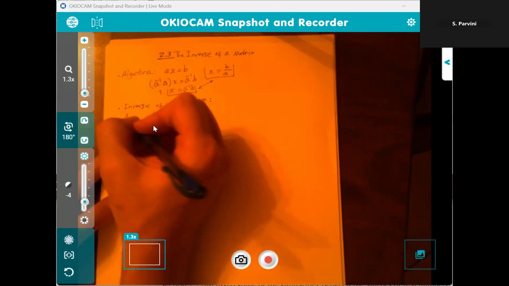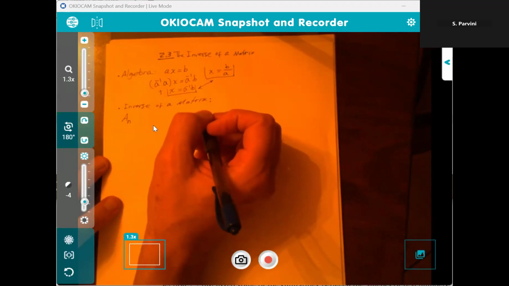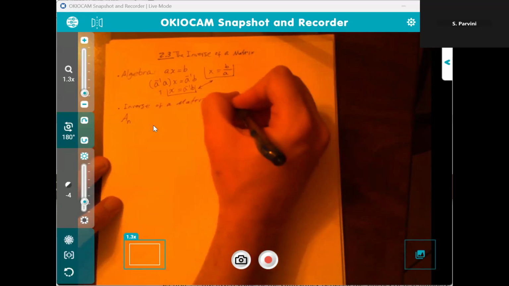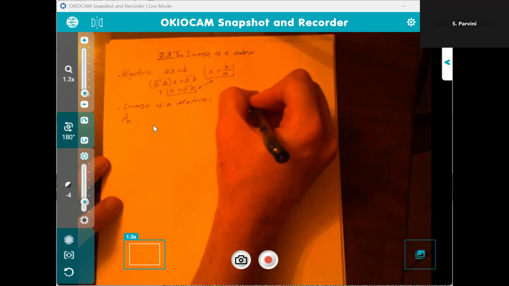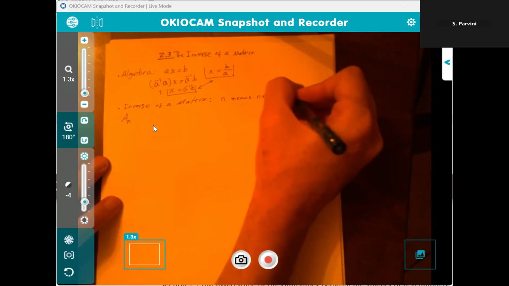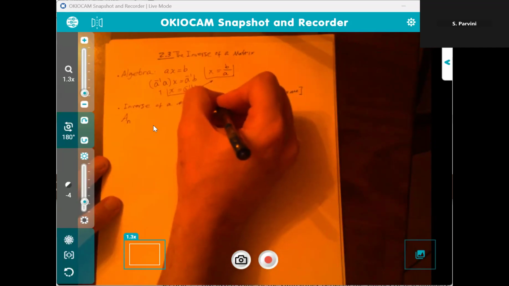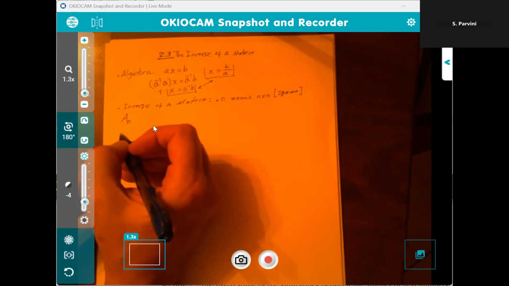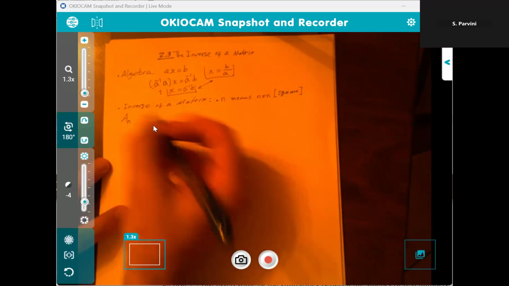So if A is an n by n matrix, a matrix of order n. Now here, when we say n, this means n by n. In other words, we're talking about a square matrix. It's just a notation. So A sub n means a matrix of order n, an n by n matrix.